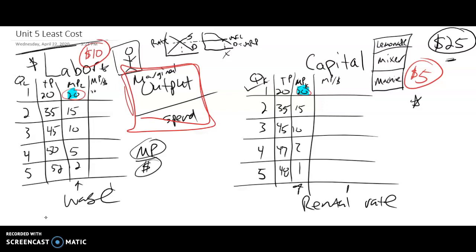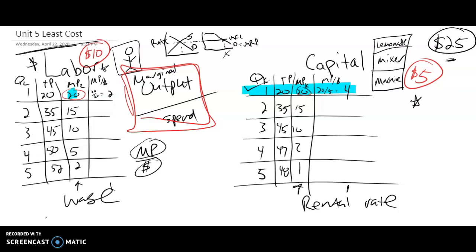So this is 20 divided by 10, which is going to be 2. I get 2 units of output for every dollar that I spend. And over here, it's going to be 20 divided by 5, which means I get 4 units of output for every dollar that I spend. So yeah, I hire this one first.